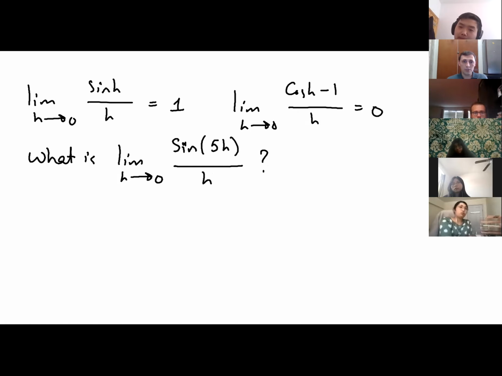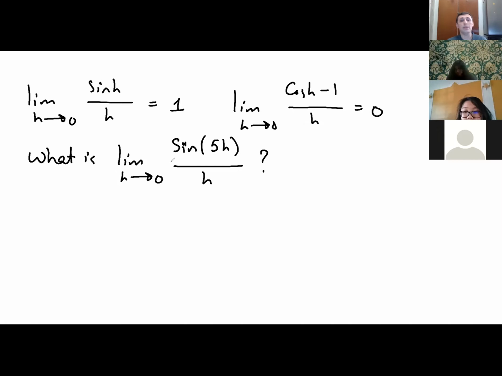Okay, Humira, good. Good. Now, could anybody explain to me, well, let's say before we explain, let's see what's really happening here. So how do you see right away? The answer is 5, right?